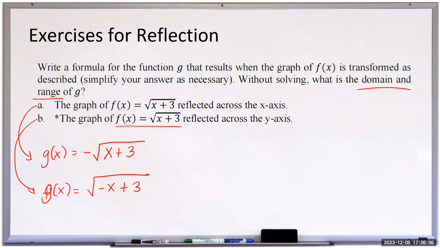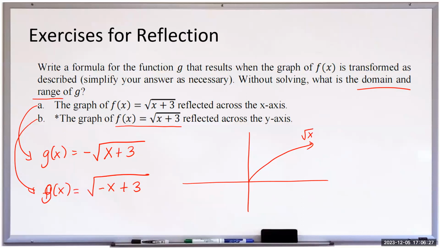So, pwede tayong mag-graph dito ng mabilisan lang, no? So, again, what we know is that this is the graph of square root of x. Okay? So, if meron tayong x plus 3, then ano yung ibig sabihin niyan?